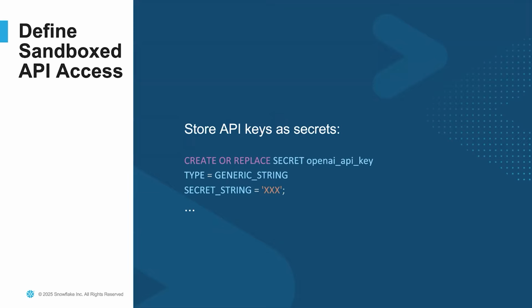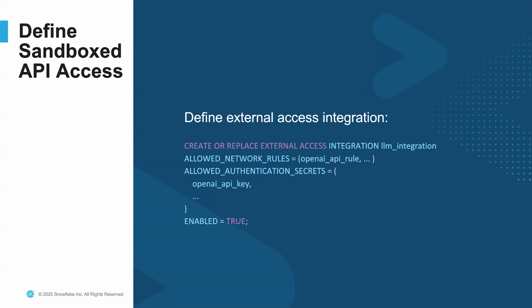And then we need to define the API key as a secret. This means that users can see whether a secret exists, but they can't see what it is. So there's no way to find out the API key from within the database. You can only use it within this user-defined tabular function that I'll talk about. This makes it so the user doesn't have to worry about the API keys at all.